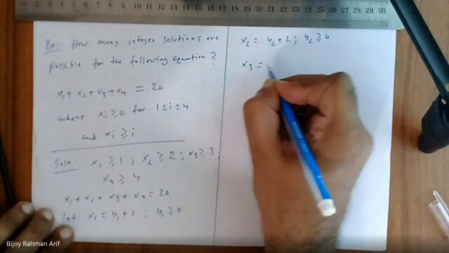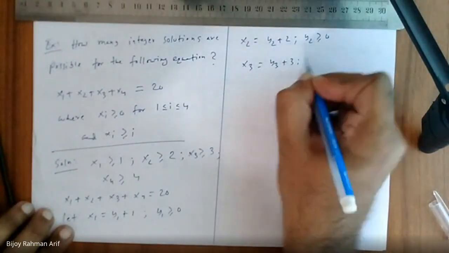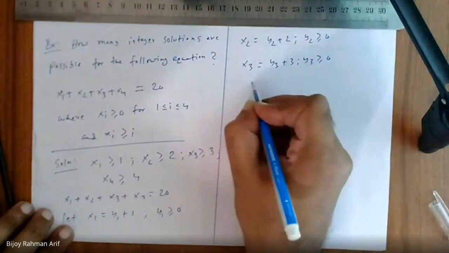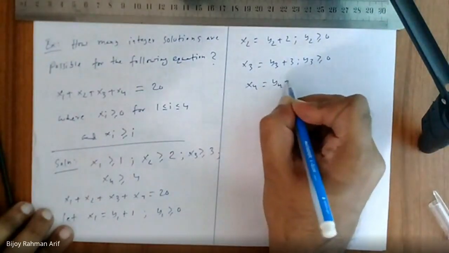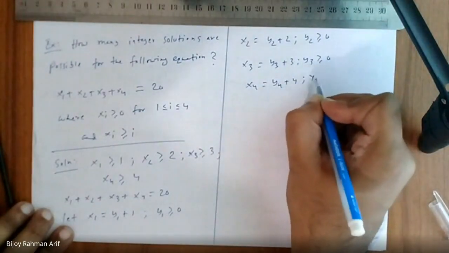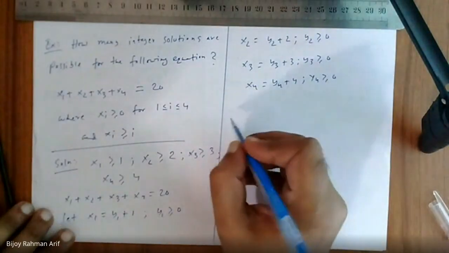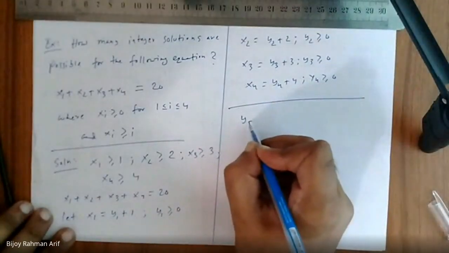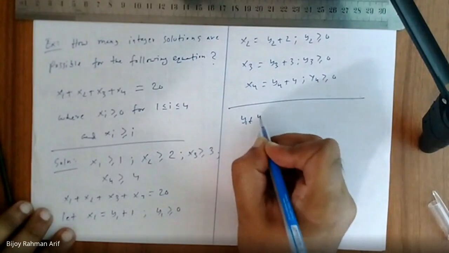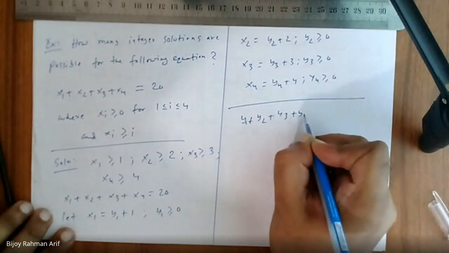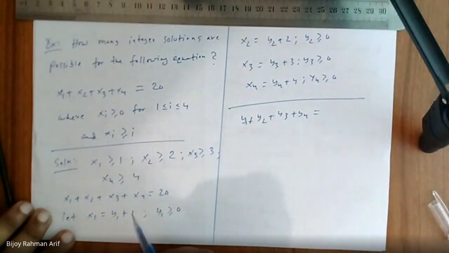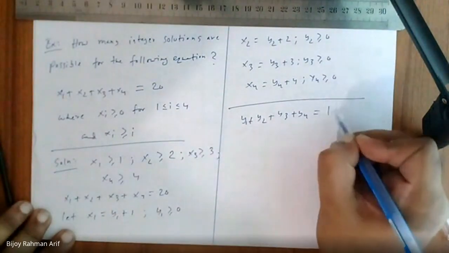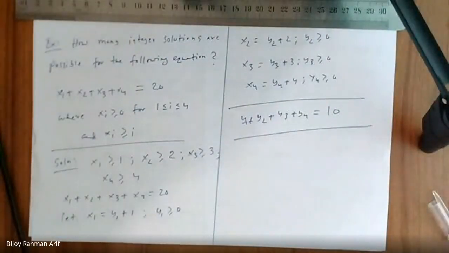X3 is nothing but Y3 plus 3, where Y3 is greater or equal to 0. X4 is nothing but Y4 plus 4, where Y4 is greater or equal to 0. So the whole equation boils down to Y1 plus Y2 plus Y3 plus Y4, then 1, 2, 3, 4, 7, 10. So this one is 10, and we know the solution of this.